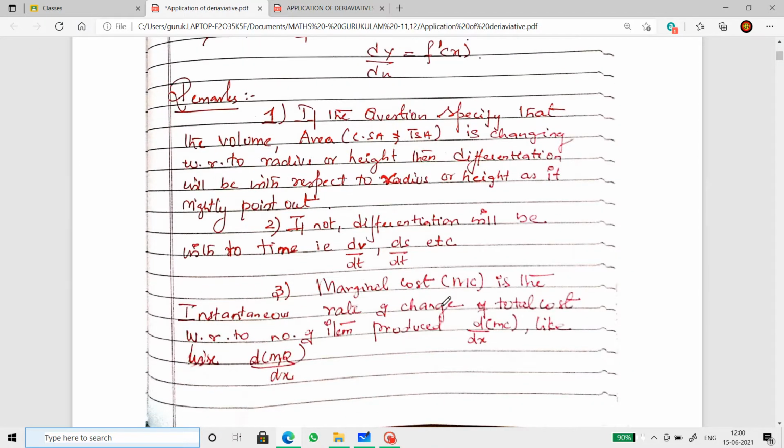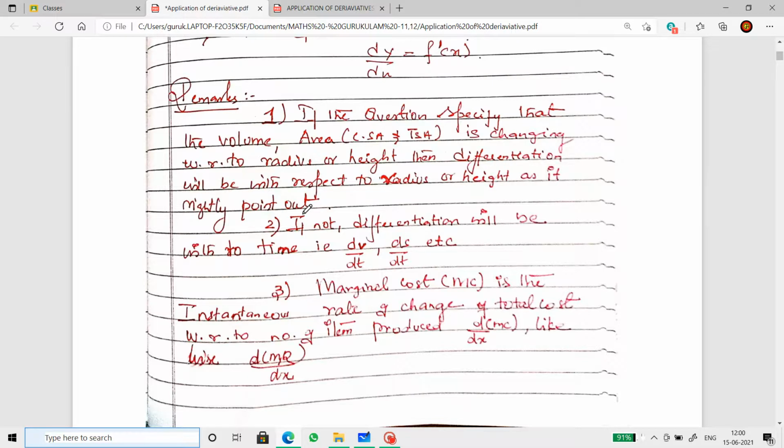A few important points that we need to keep in mind before we start this topic. If the question specifies that the volume, area, or CSA or PSA is changing with respect to the radius or height, then differentiation will be with respect to the radius or height.